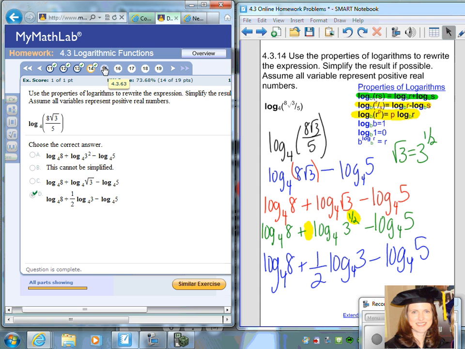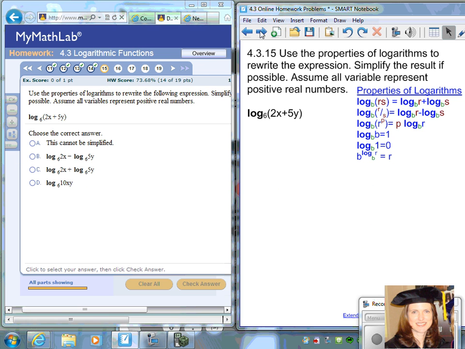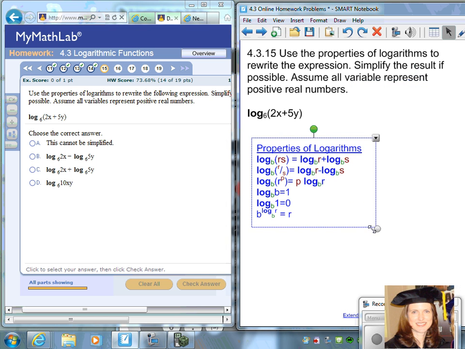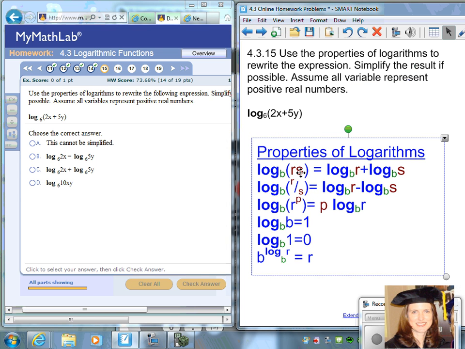Let's look at number 15. We want to use the properties of logarithms to rewrite the expression and simplify the result. Out of all of these properties, we have the problem log base 6 of 2x plus 5y. Well, there is no property that has a plus sign in the argument.